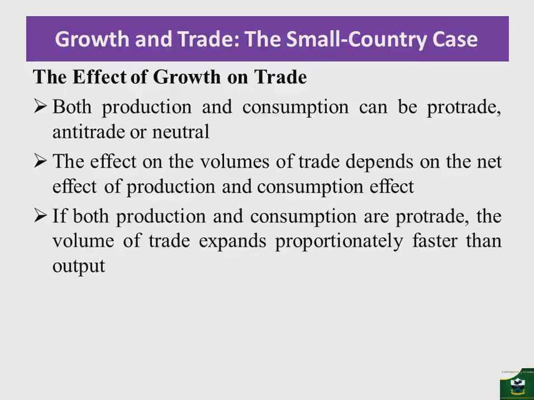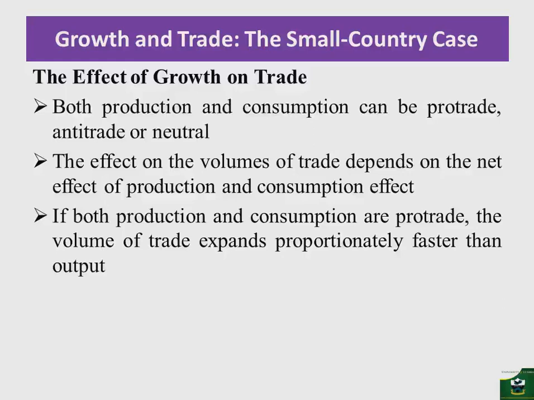So remember, by output, we are looking at what is produced as a nation, and when we are looking at the volumes of trade, we are looking at what is exported from what it has produced and what is imported. So if both production and consumption are pro-trade, then the volumes of trade will expand proportionately more than the output.